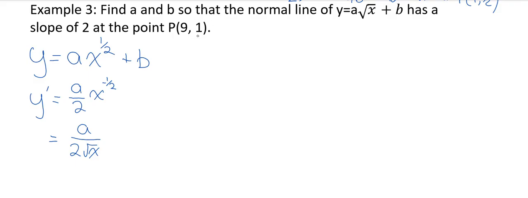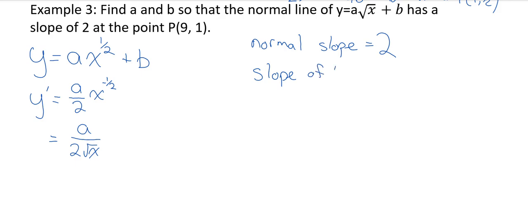So at that value, 9 and 1, so at that point, sorry, we know the normal line has a slope of 2. So the slope of the normal is equal to 2, then the slope of the tangent is going to be equal to the negative reciprocal.